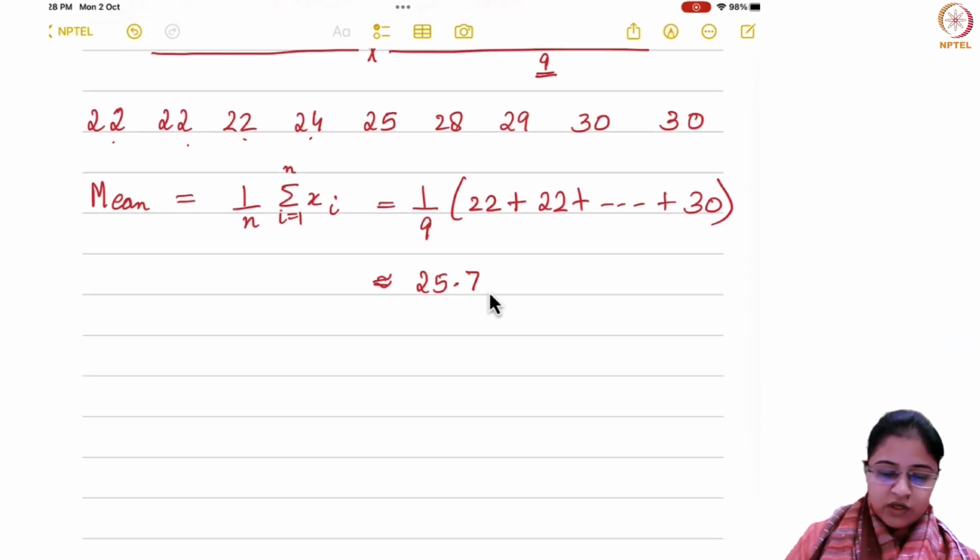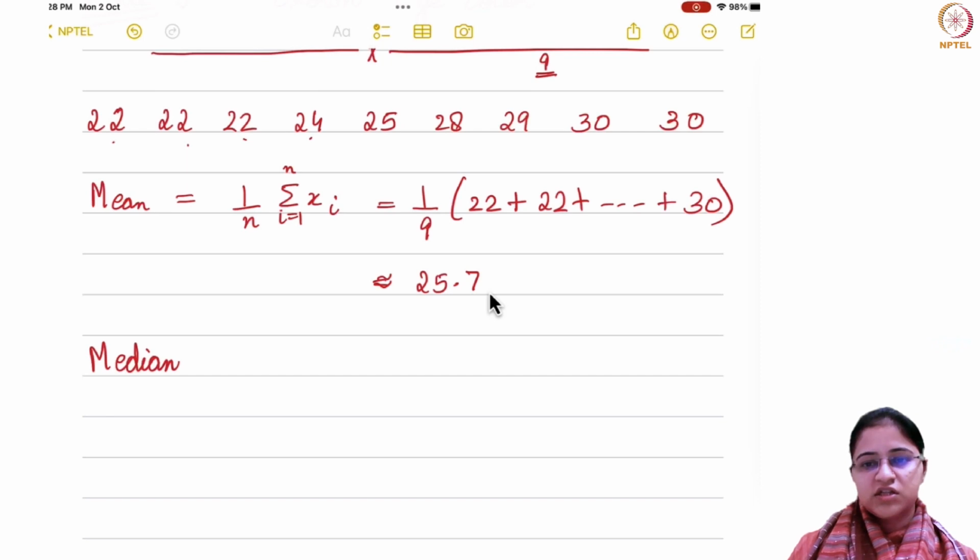And now the median. If you want to calculate the median, you need to arrange the data in increasing, ascending order, and then you have to look at the mid value. Since here we already have it in ascending order, we can just look at the middle value. So here, if you see, 25 is your mid value because four observations are to the left of it and the remaining 4 are on the right of it.